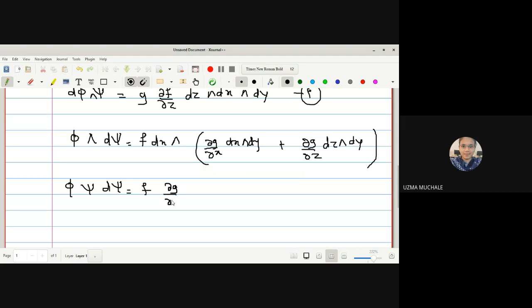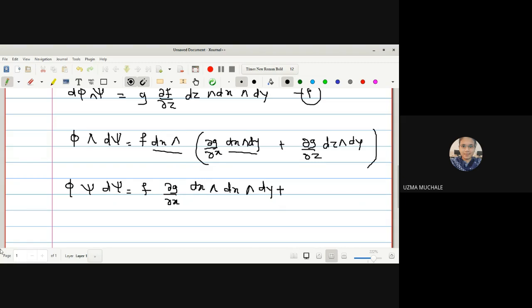This dou g by dou x is also a real valued function. If g is a real valued function and I differentiate it with respect to x, that is also a real valued function. So these two I can keep outside, and here we have dx wedge product with dy.